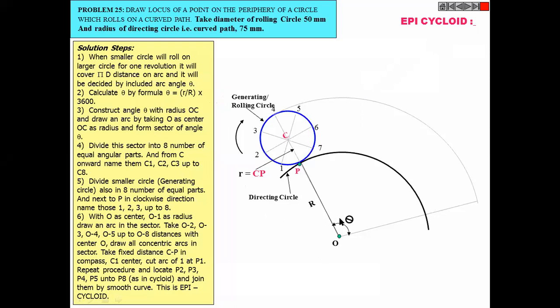So this theta is small r, that is this circle's radius, divided by this curve's radius, into 360. 360 is one revolution. Fine. This one revolution is 360. So we will get one theta. Now for this problem, what will be our theta? According to this formula, what will be our theta?